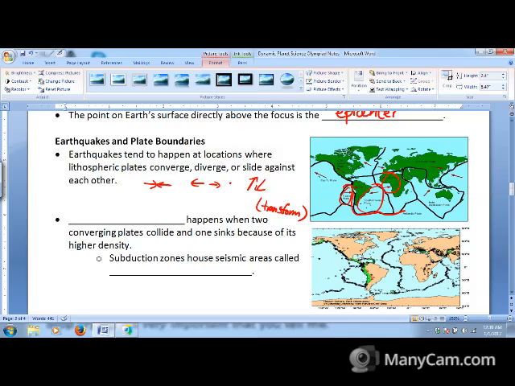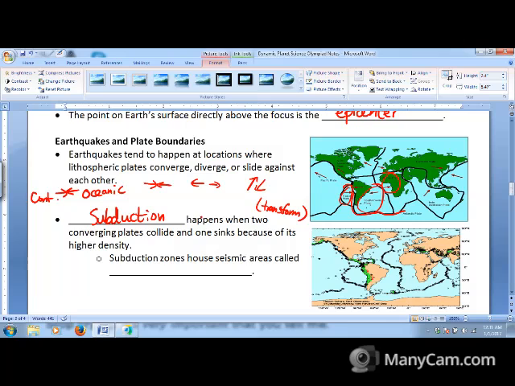Whenever two converging plates come together and one of them goes underneath the other one, that's called subduction. When two converging plates collide, one sinks because of a higher density. So let's say that I had a continental plate and an oceanic plate, and they're going into a wrestling match. And I want to know which one gets pinned under the other one.